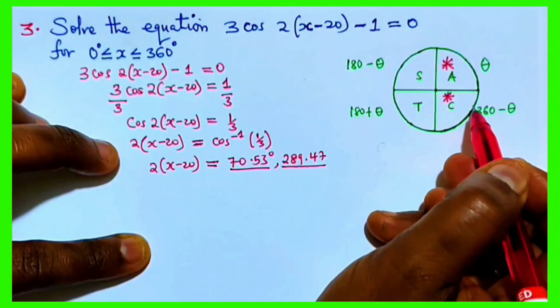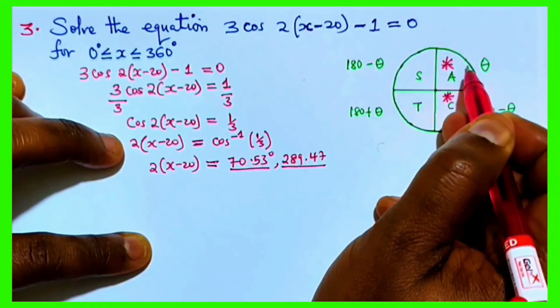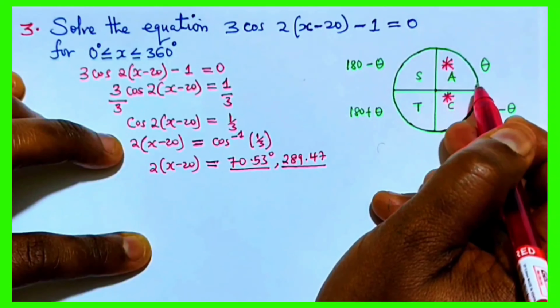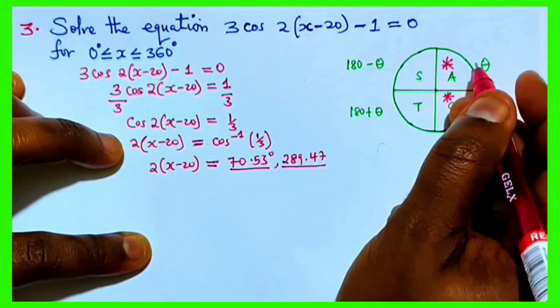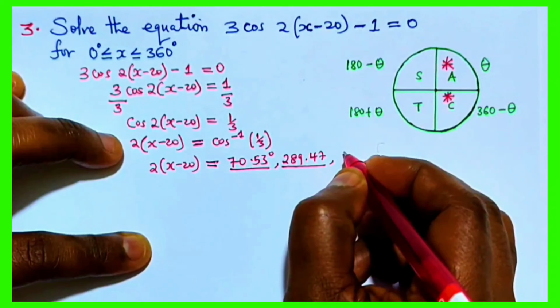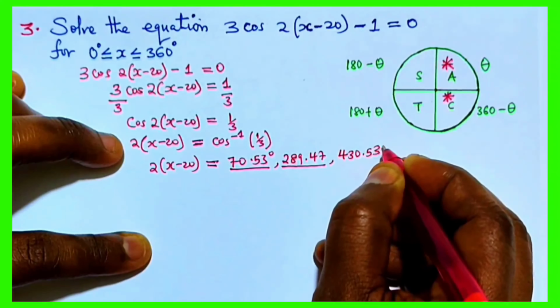And then at this point we move to the first quadrant. We are making the second revolution. So at this point, this is 360 degrees. We are going to add 70.53. So we can get another angle here, which is 430.53 degrees.